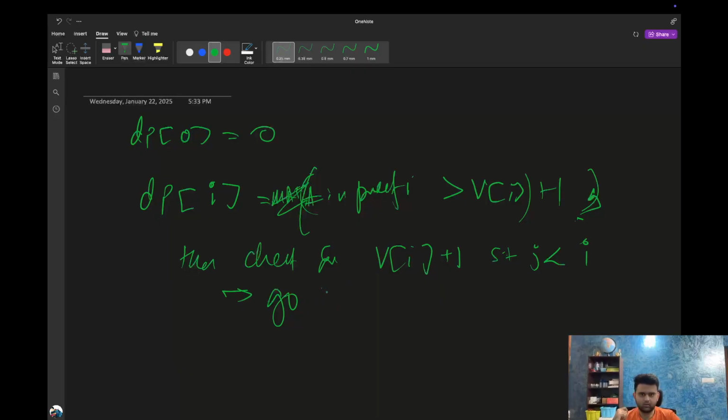Then do dp of i is equal to max of dp of i, dp of j plus 1.